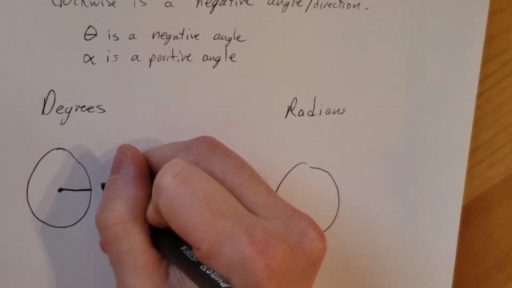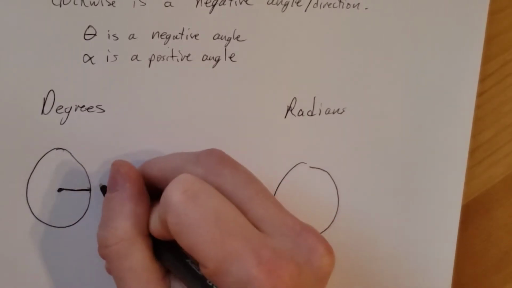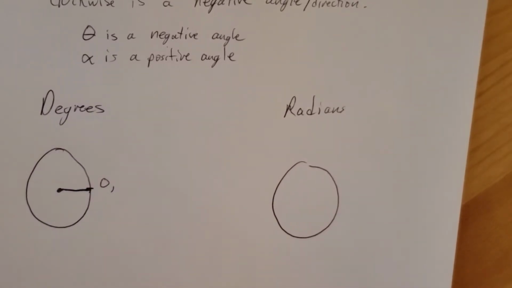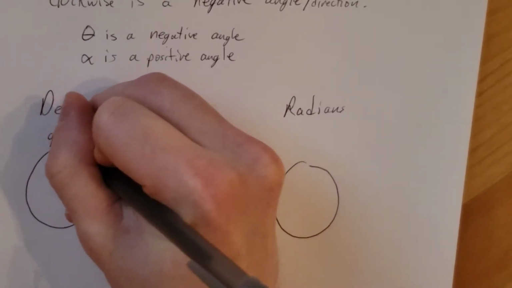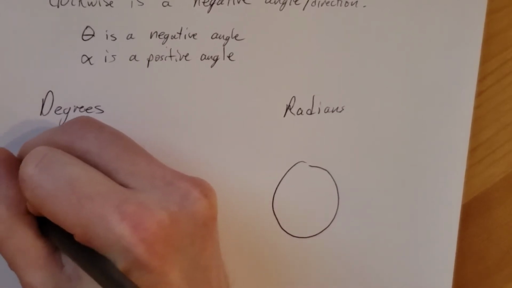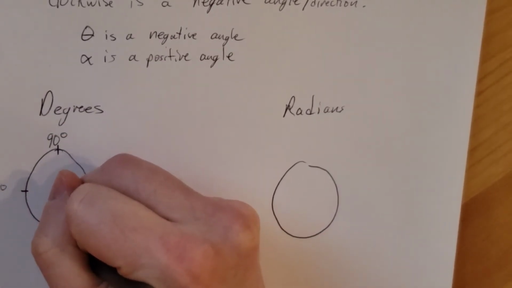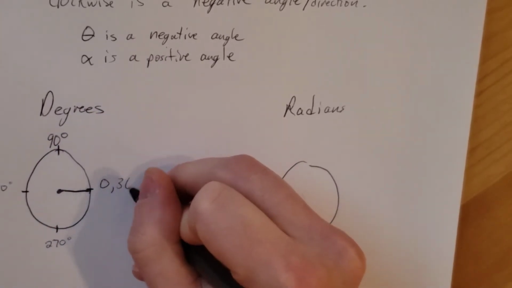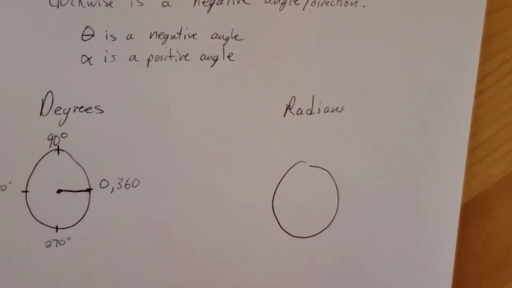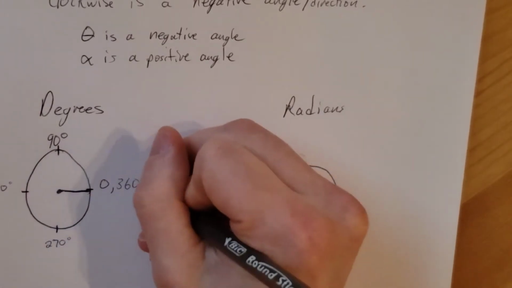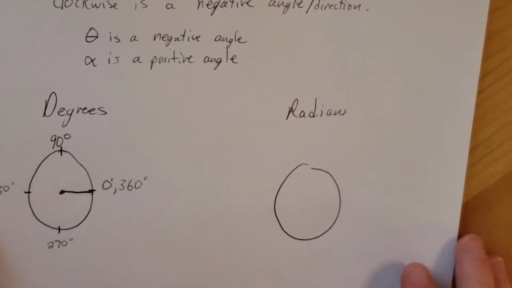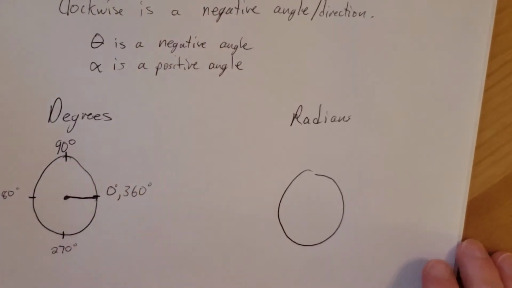We call the angle in the direction of the positive x-axis angle 0. In degrees, straight up is 90, straight to the left is 180, down is 270, and back over to the right at the positive x-axis is 360 degrees.